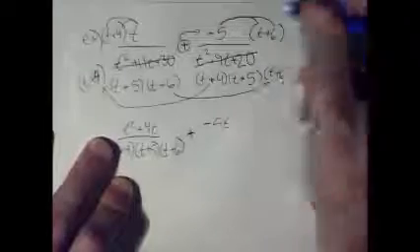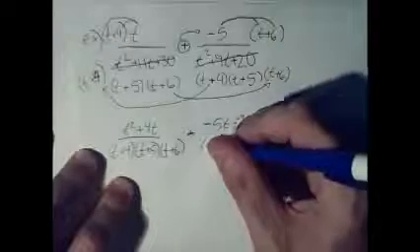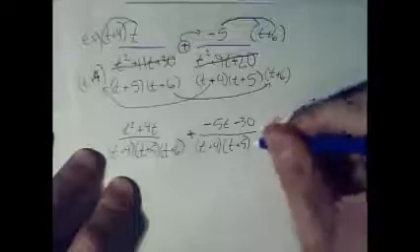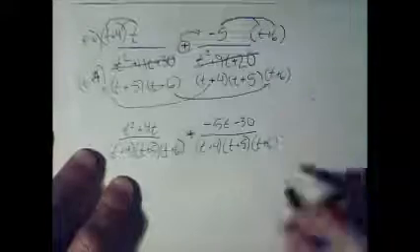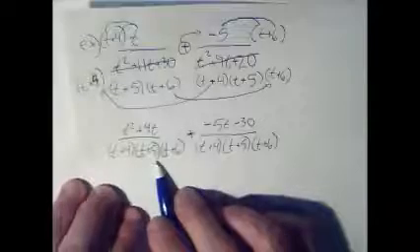Negative 5t minus 30 over t plus 4, t plus 5, t plus 6. Notice again, that's what gave me the common denominator. By multiplying by what's missing is what gets me what's in common.